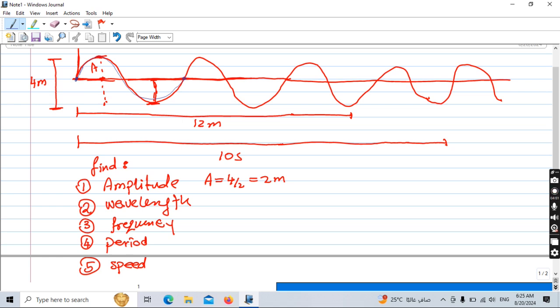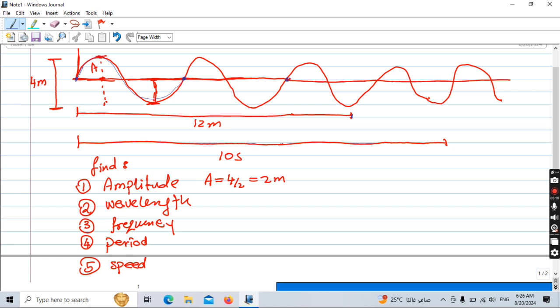Why is that? Because we are starting from here. So a point like this would be the second one, not this one, but this one here. So this is the first wave, this is the second wave, which ends up here, and the third wave should end up here. But we notice that he's giving you the distance up to here.